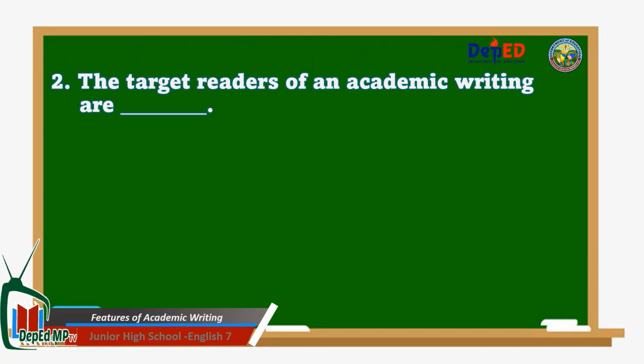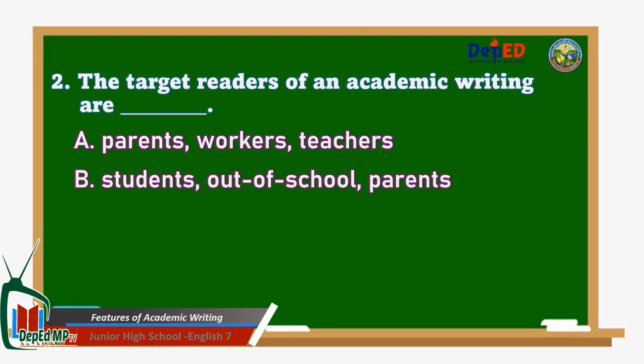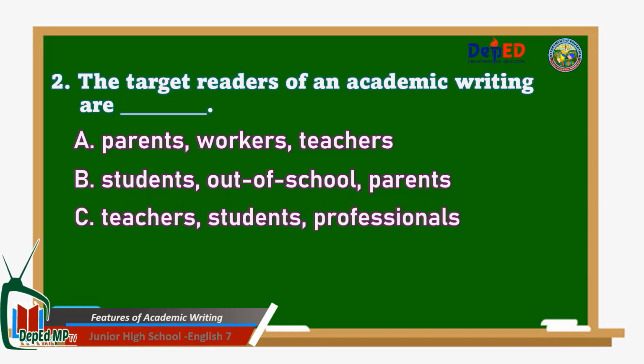Two. The target readers of an academic writing are blank. A. Parents, workers, teachers. B. Students, out of school, parents. C. Teachers, students, professionals. D. None of the above.